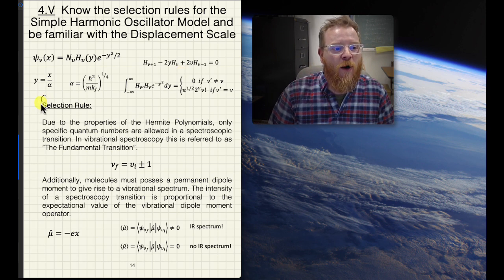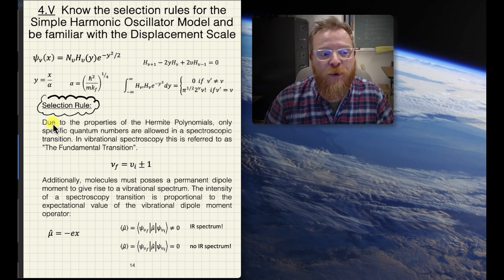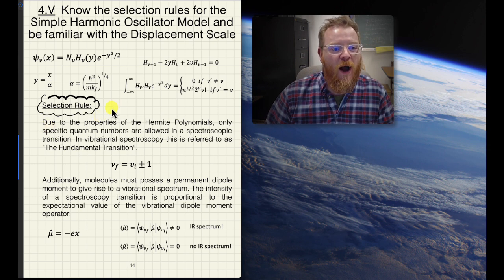And that's what we call a selection rule. And so that dictates if a transition will be allowed or not allowed in spectroscopy. So in other words, will we observe a spectroscopic transition?